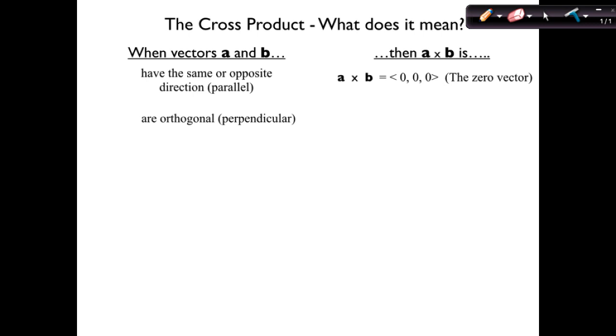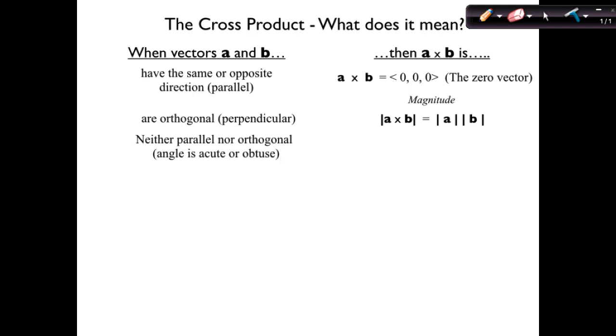But if you have orthogonal vectors and you take the cross product, here we're just talking about the magnitude of the cross product, because the cross product is a third vector. The magnitude, if they're orthogonal, is the product of the magnitudes. What about if they're not? So they're not parallel and not orthogonal.